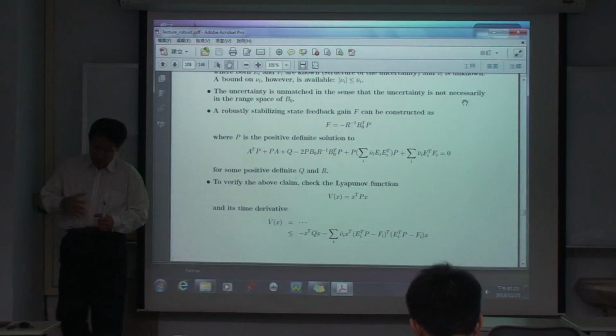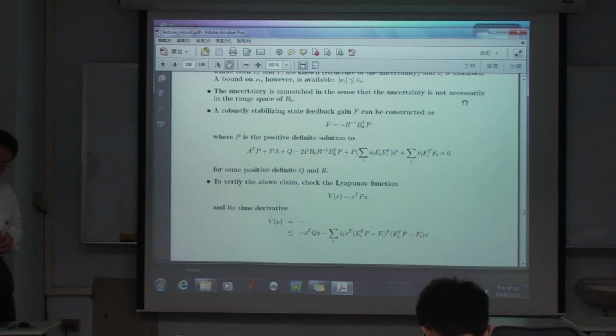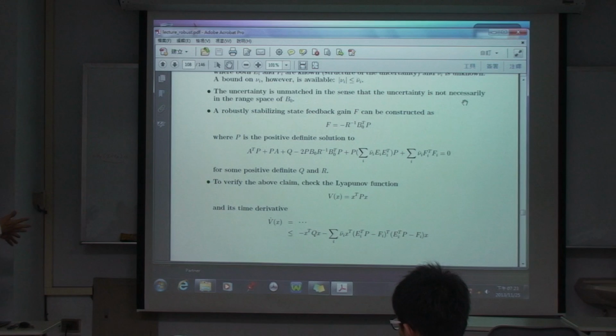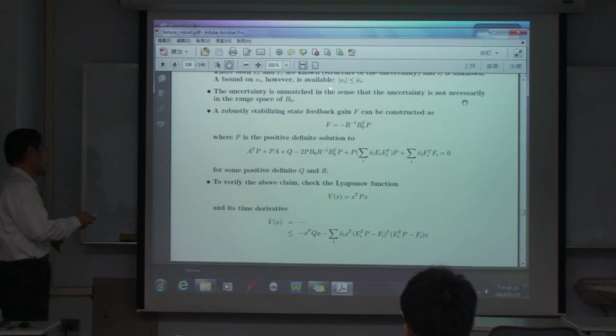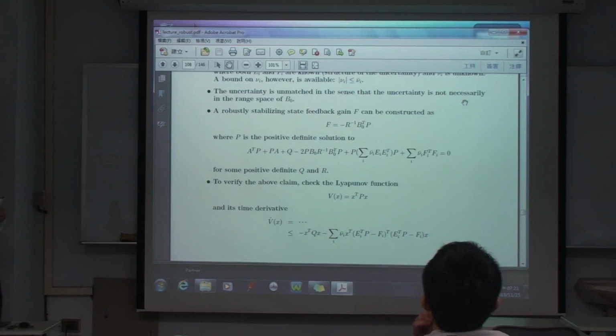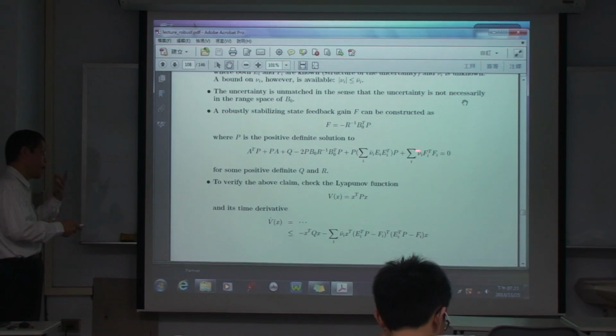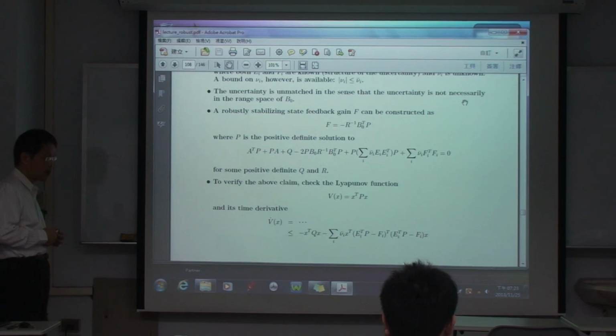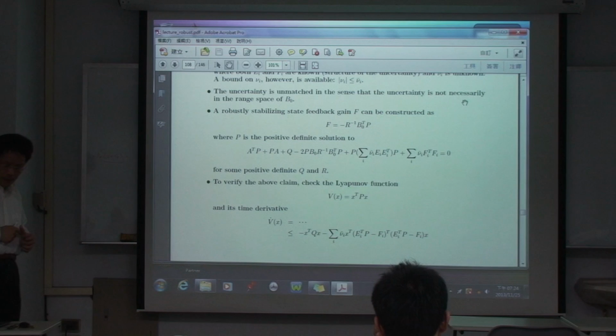That means suppose you have matched condition, the uncertainty can always be taken care of. That means you can always find the controller to stabilize the system robustly. But if you have a mismatched uncertainty, even with state feedback, you may not be able to find a controller that robustly stabilizes the system. And that's important.